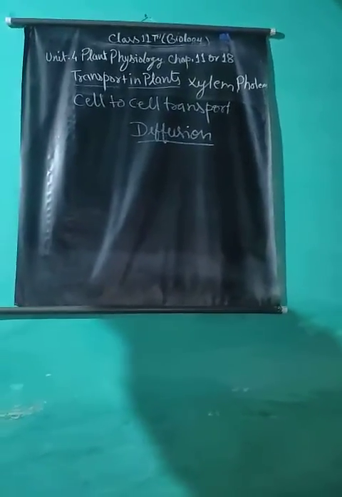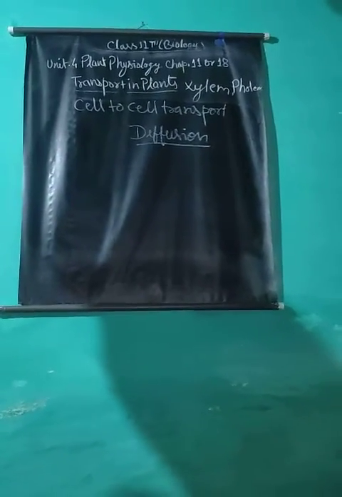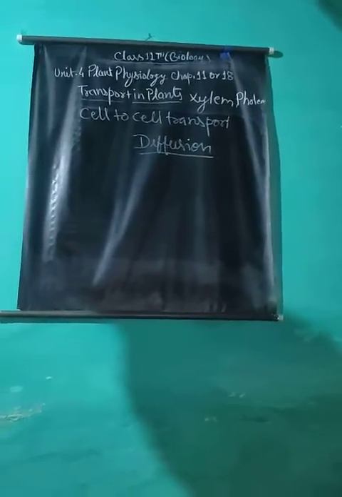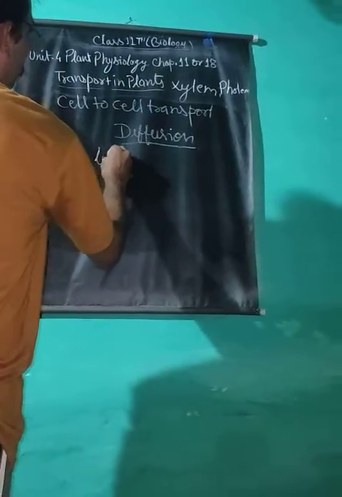Similarly, if a dye like a crystal of copper sulfate or potassium permanganate is dropped in a beaker containing water, the dye spreads in water and ultimately the whole water of the beaker turns colored blue or violet. The process of diffusion takes place in all states of matter like gas, liquid and solid.